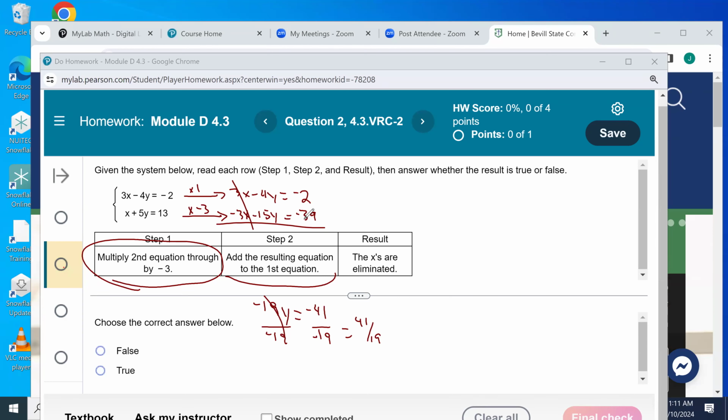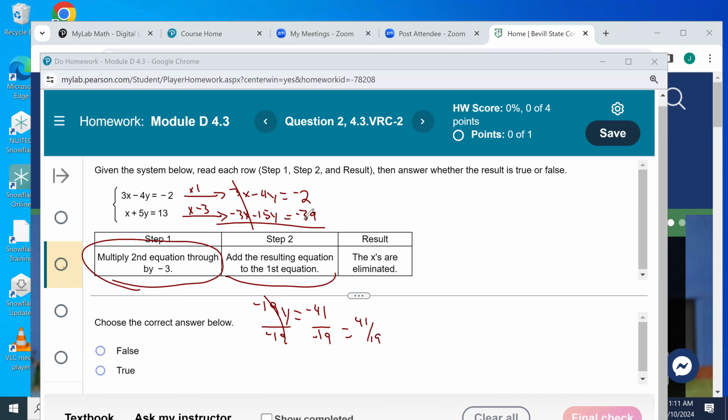No. I would see they're crossing a little bit more than 2. In a graph, I would never get 41 over 19. I would have to go to an algebraic method like this.